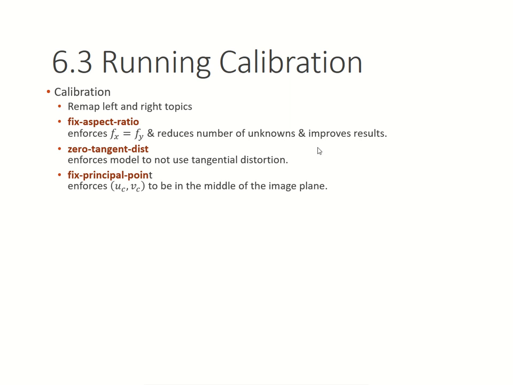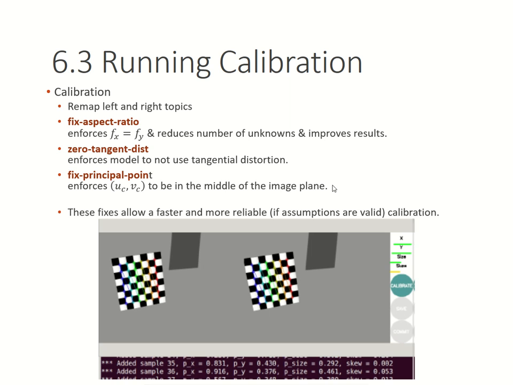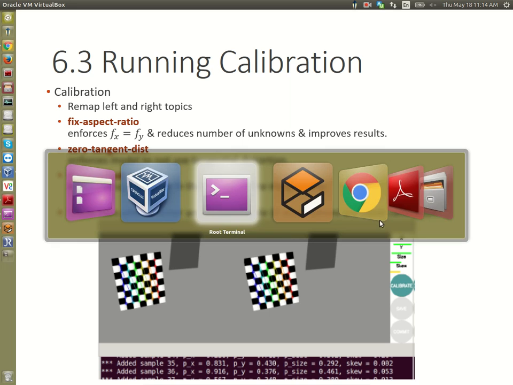Zero tangent distance says not to use tangential distortion, and fixed principal point says that uc and vc will be in the middle of the image plane. So these are some kind of assumption that allows for a faster and more reliable calibration. Okay, let's try to run it.